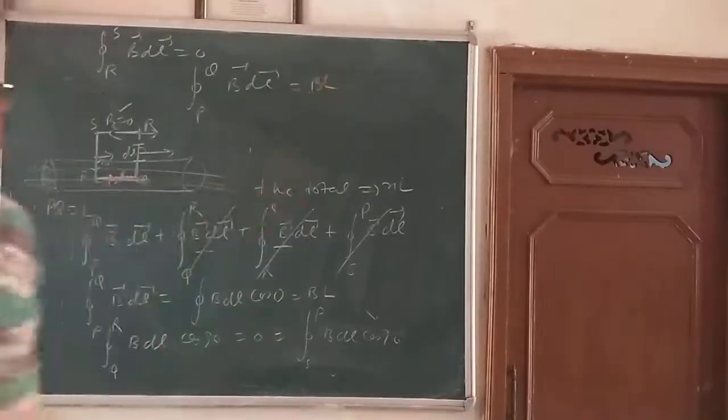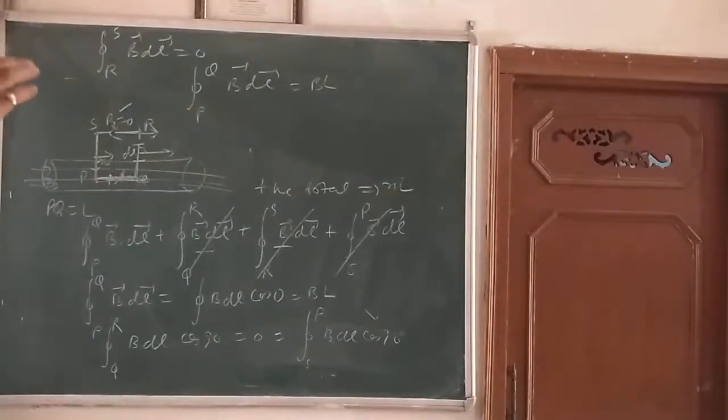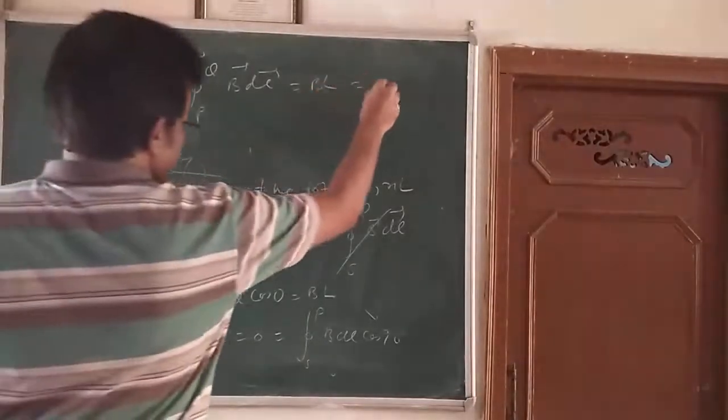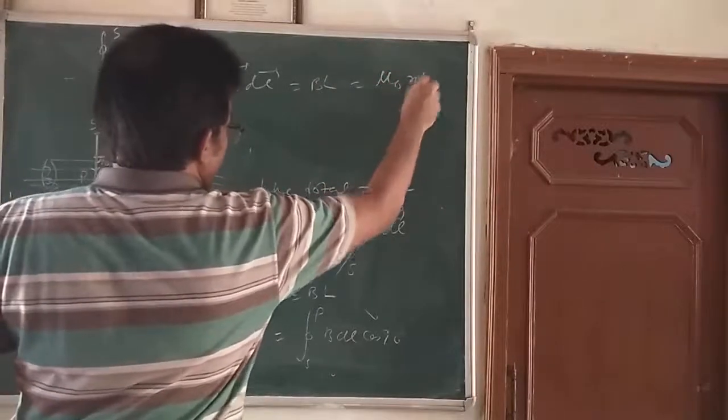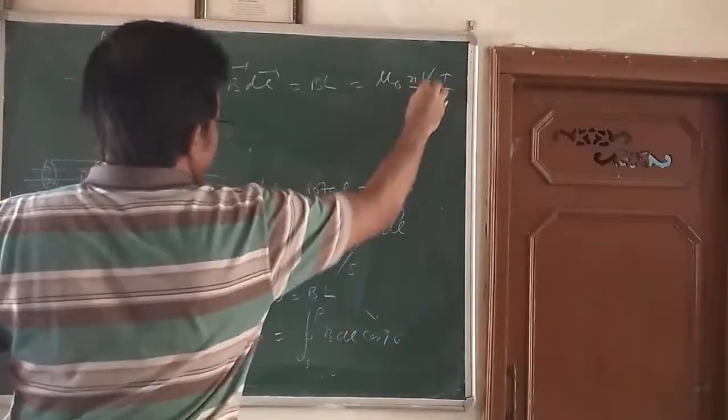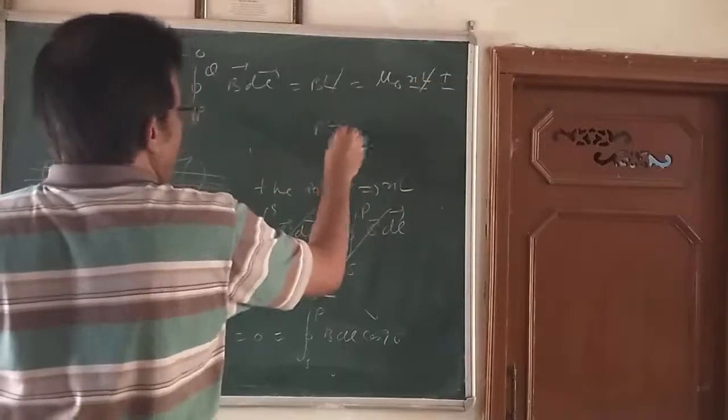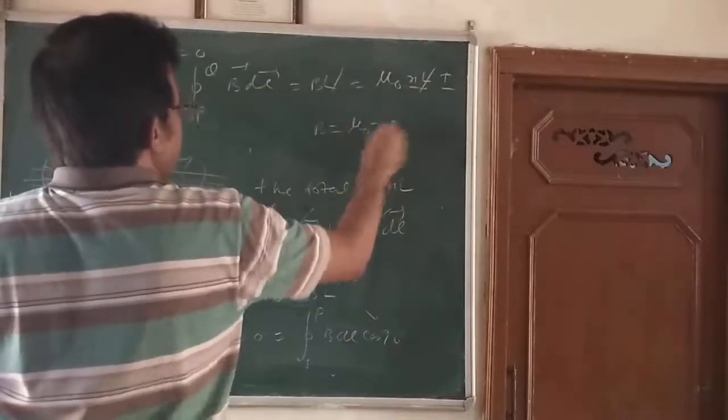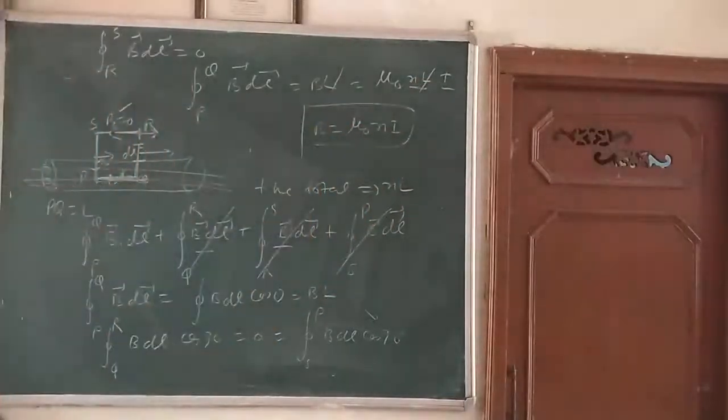According to Ampere's circuital law, that is equal to mu naught, number of turns N into L, into I. L cancels L, so B comes out to be mu naught n I. This is the magnetic field due to the solenoid well inside the solenoid.